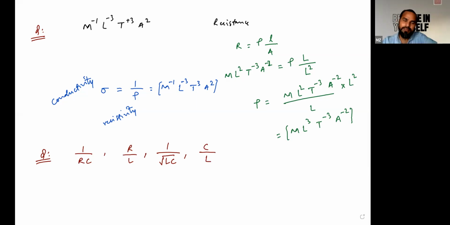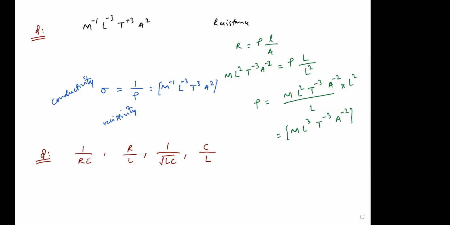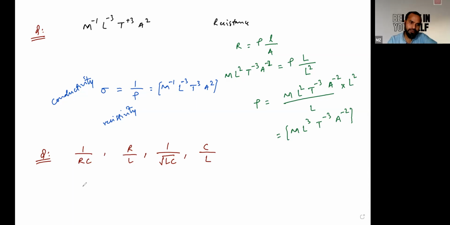We have already done the dimensions of LCR in our last class. If you put the dimensions of these terms, it comes out to be T to the power -1.